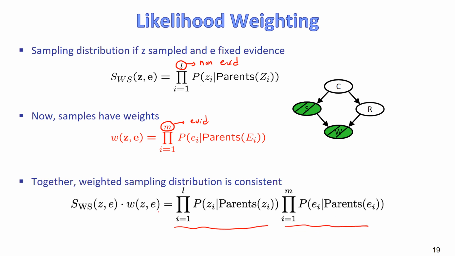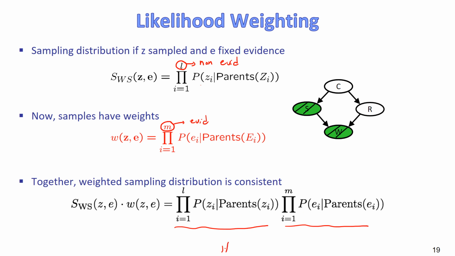When we multiply both, this probability is consistent, if we draw infinite samples, with the exact joint probability. Because if you remember from Bayes nets, the joint probability is the multiplication of all of these.